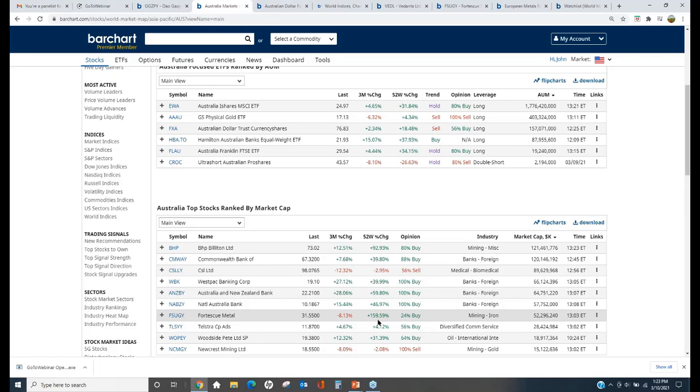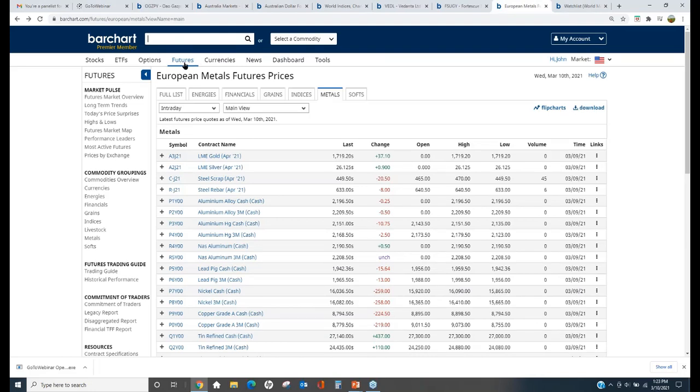Now, this is the iron market, right? And I don't know much about the iron market, but I do know iron is used to make steel. So I'm going to jump away from this part of our website for just a second and show you this correlation that I want you to start thinking about. I'm going to go to our futures page, and here I'm under the European metal prices, and steel rebar. Now, this is not a contract that you and I are going to trade, but iron is used to make steel.